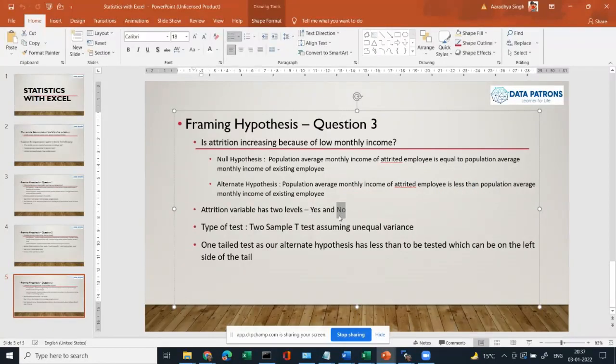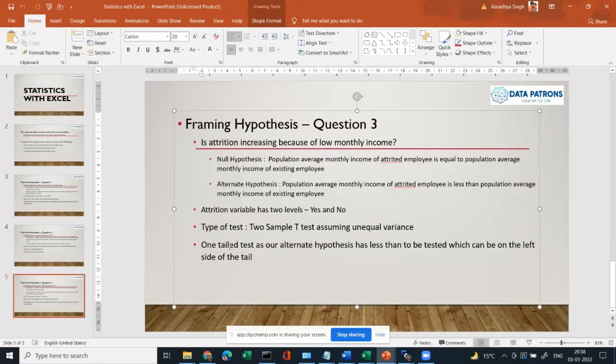And hence the type of test would be a two sample t-test, assuming unequal variance again, because we have not looked at the variance in monthly income, and we're not going to check that because we are working with a sample and not the population. So it's safe to assume that they have unequal variance. The type of test is a two sample t-test.